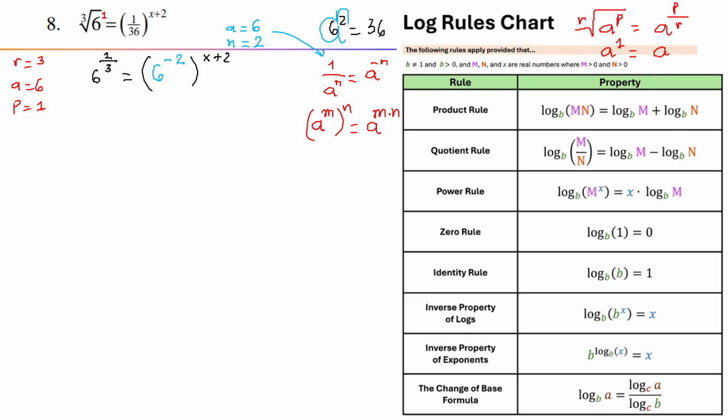Okay, so let's rewrite the left hand side one more time. 6 to the power of 1 over 3 equals 6 to the power of negative 2, which is my m, times n, which is x plus 2. This is my m, this is my n in the formula, and 6 is my a.